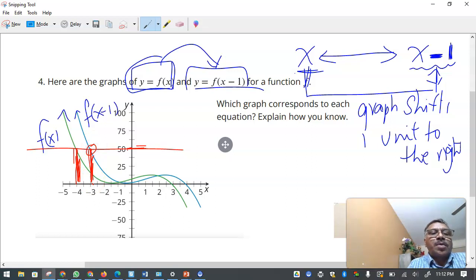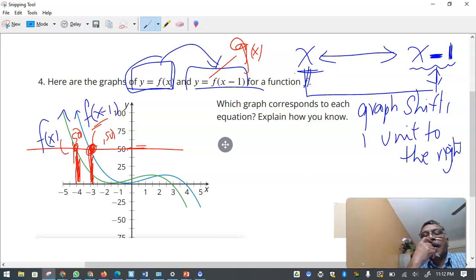The output for this function, let's call this g of x, the output here is 50, and that output is already being done here.